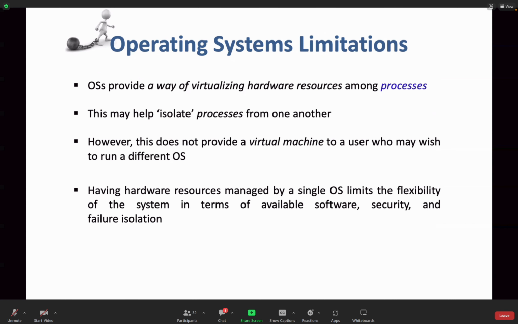Different OSs have different ways of doing resource management, and that can be a limitation. Also, software is developed on top of a certain OS, and that will have different security or failure isolation mechanisms.